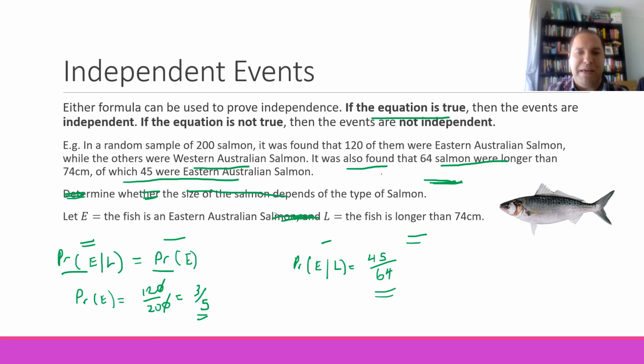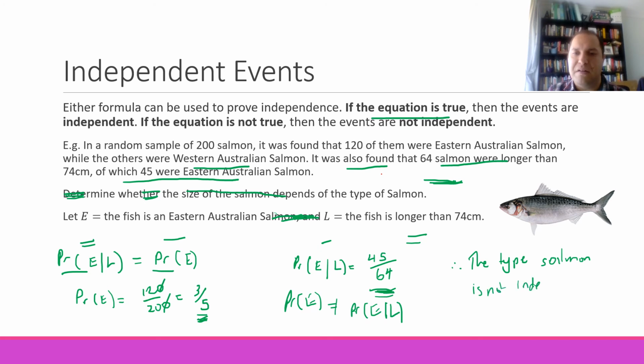So that means this fraction here and this fraction here we need to directly compare, and they're definitely not the same. So probability of E does not equal the probability of E given L. So therefore, the type of salmon is not independent of size.